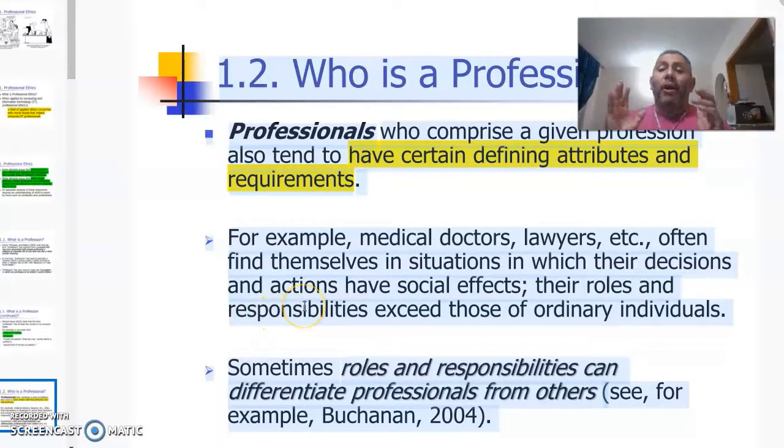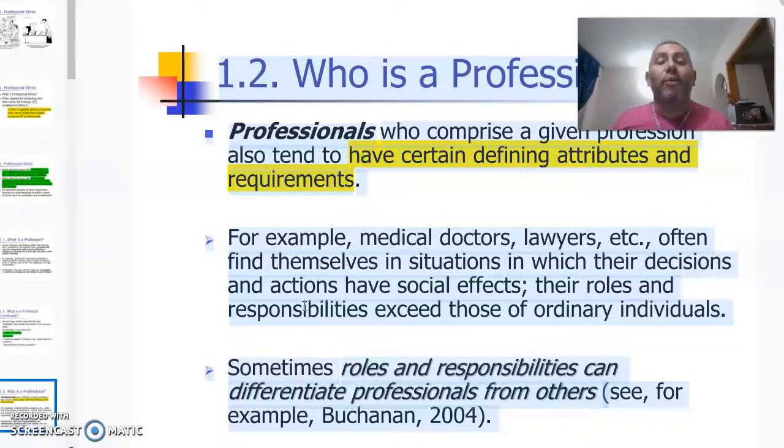Professionals then are those people who belong to a profession, and as a consequence, they should have certain attributes, certain characteristics, and at the same time follow certain standards and fulfill certain requirements. So think about doctors, lawyers, nurses, teachers. We should have certain attributes and characteristics, and we should follow certain standards.